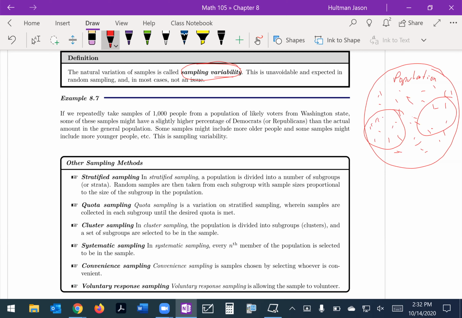They're just not going to be in the same cohort. Sometimes they'll overlap. Some people in one sample could end up in another sample. But as long as it's random, we are going to get some variability in the data, but it's expected.